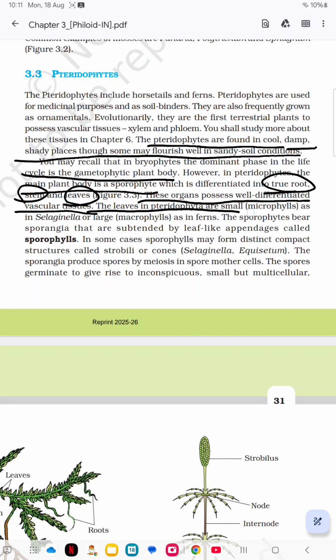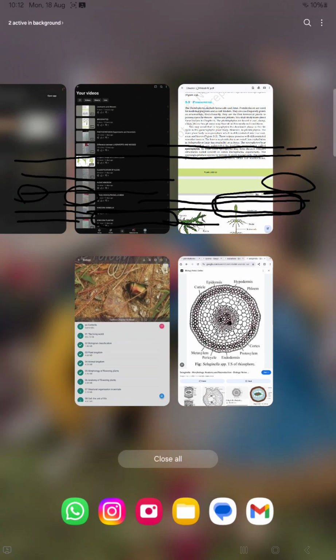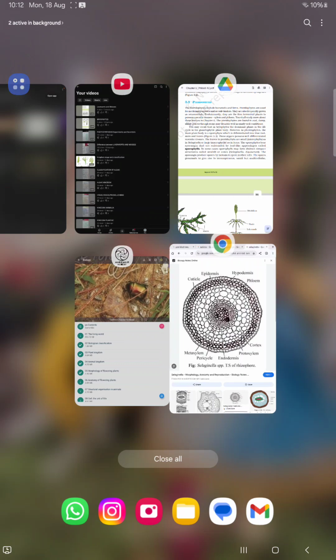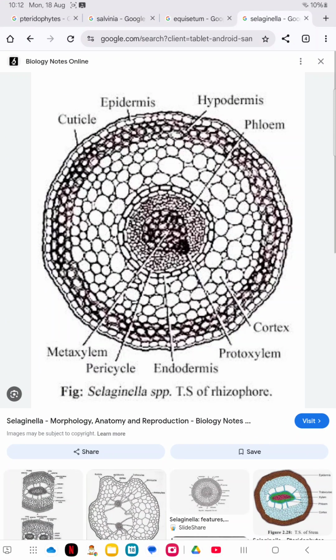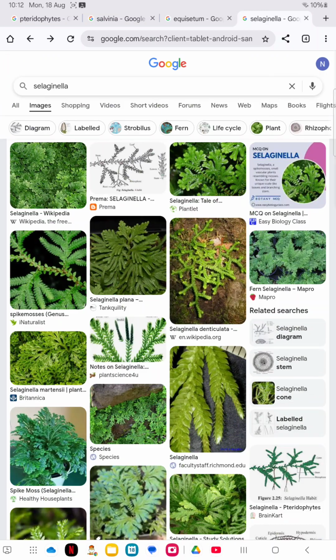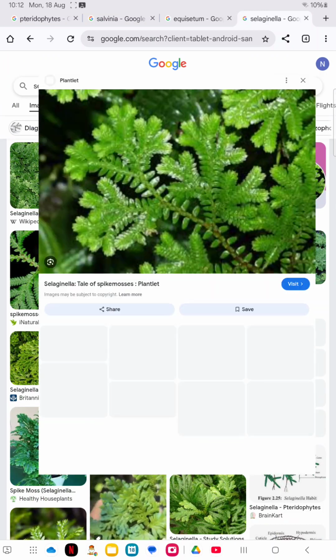The leaves in pteridophytes are small in some, which we call microphylls, as seen in Selaginella. When the leaves are larger in size, they are called megaphylls, as seen in the ferns.